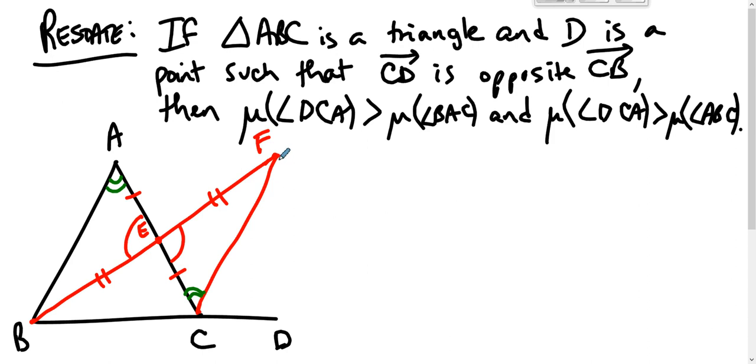So F is definitely in the interior of angle ACD. And so because ray CF is in the interior of angle ACD, angle ACF has a measure that's less than the measure of angle ACD. And that's what establishes that part.